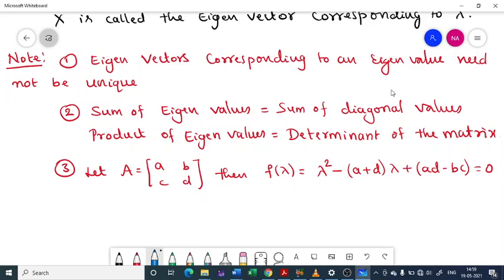Second point, as mentioned here, the sum of the eigenvalues of a matrix will be equal to the sum of the diagonal entries of that matrix.